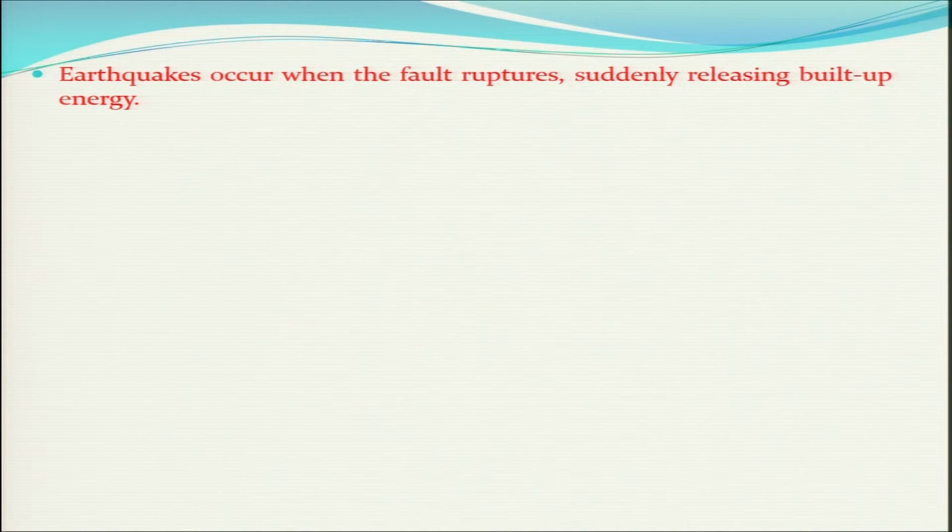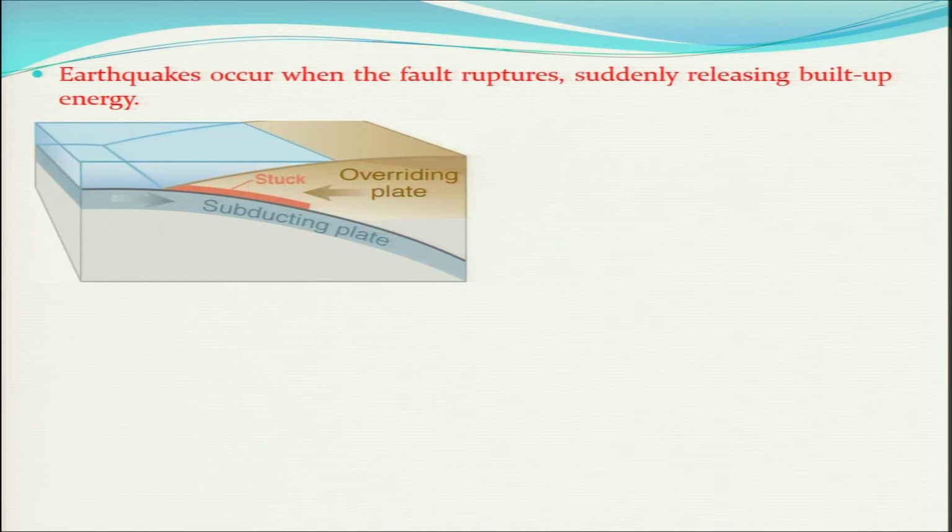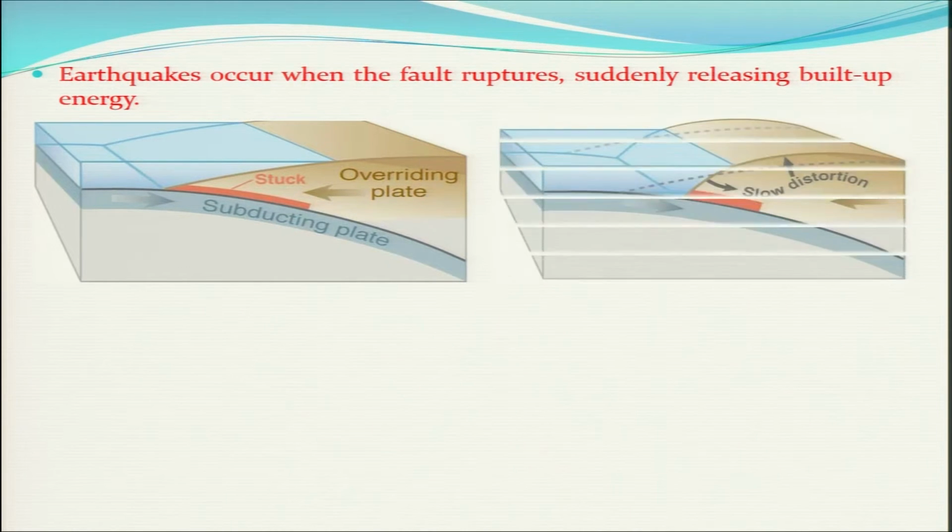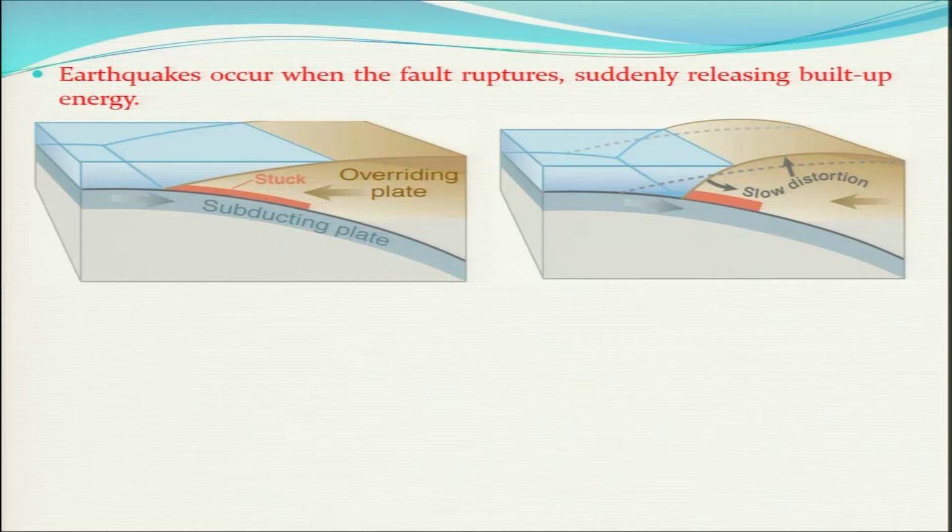Earthquakes occur when the fault rupture suddenly releases the built up energy. This was shown in one of the cartoon movies, where slowly the locked area results in the development of strain and deformation of the overriding plate, which can result in either subsidence or uplift of this region.